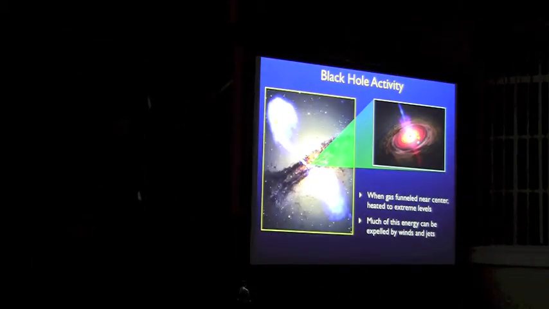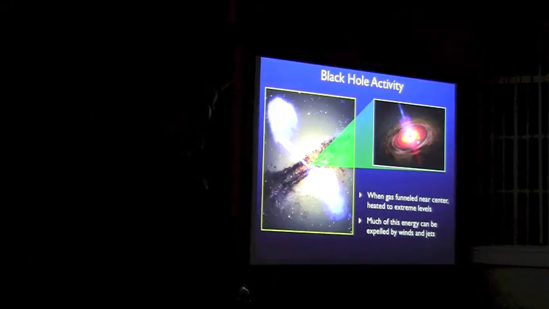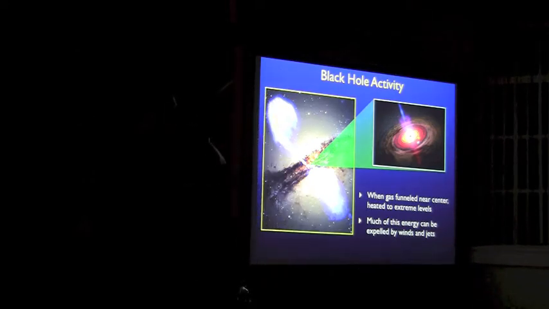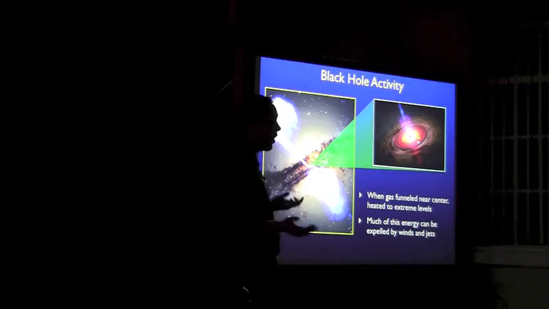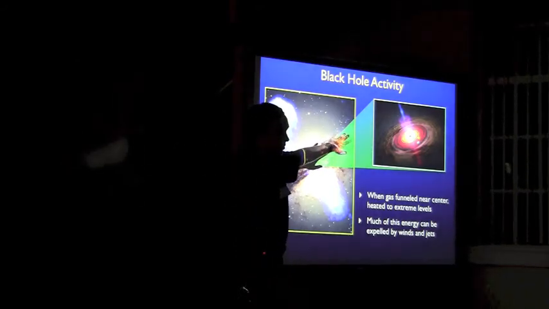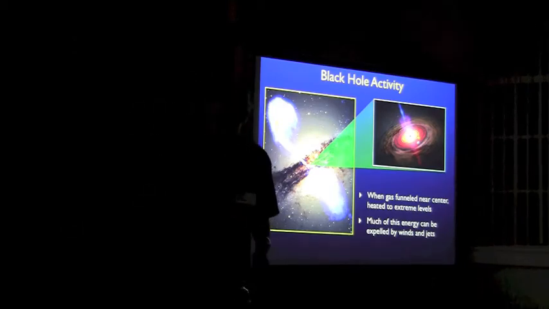And so you can imagine that if this black hole is extremely active for an extremely long period of time, it could remove all of the gas from the galaxy and totally halt star formation altogether. And so this is a theory that has been put forward to explain why there are these galaxies with no ongoing star formation. All of the gas was funneled near the center or was heated by the black hole in these extreme events and is no longer forming new stars.